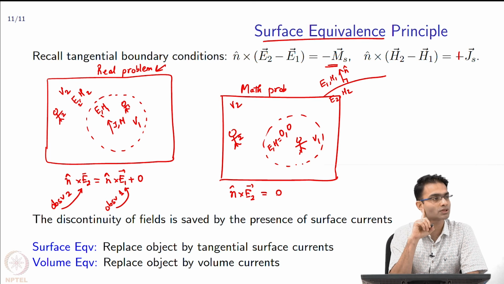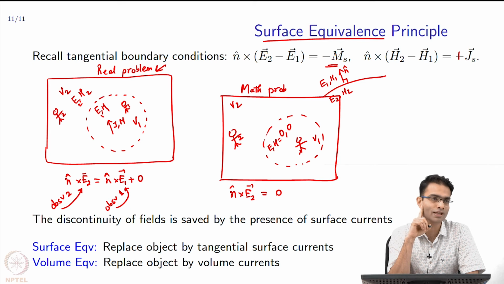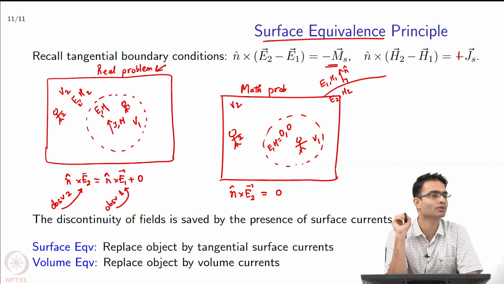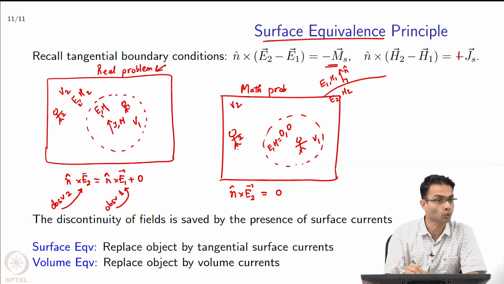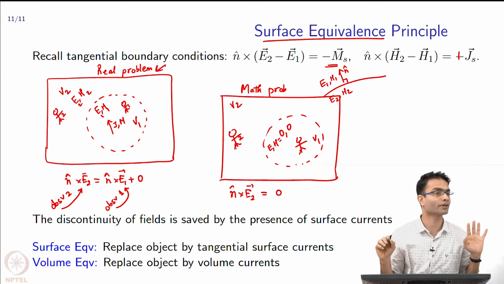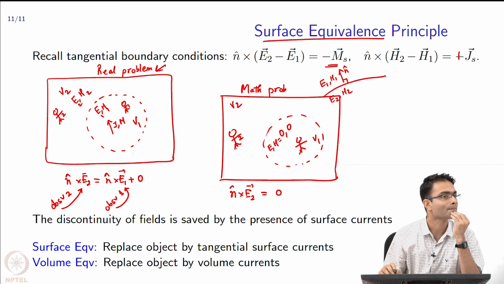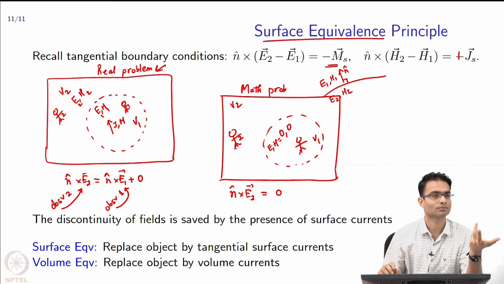Is there any way to save the situation and still be truthful to physics? Observer 1 is fixed, I am going to report 0 fields. Is there any way to fix this situation such that observer 2 does not know that anything different happened? Exactly.